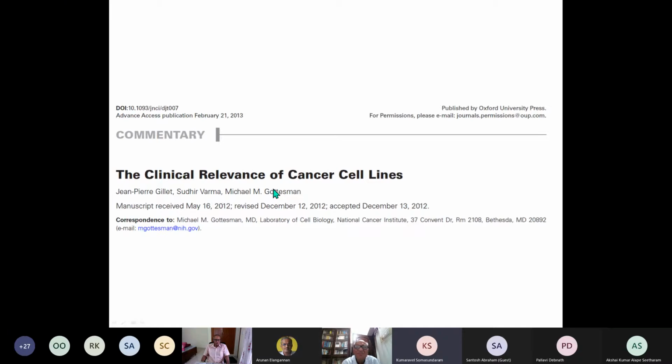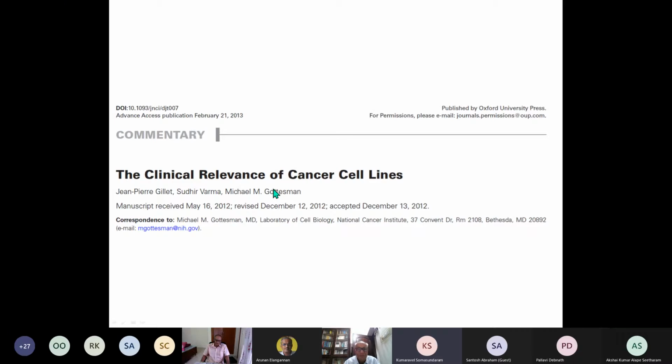Cancer cell lines have been used for many decades as a model to describe cancer. They are not bad. Actually, cancer cell lines are very good because they have the ability to grow continuously, perpetually. They never stop growing as long as we provide nutrients, and they can also make tumors in animal models. So they have really been useful in studying cancer and trying to develop therapeutic molecules, etc.